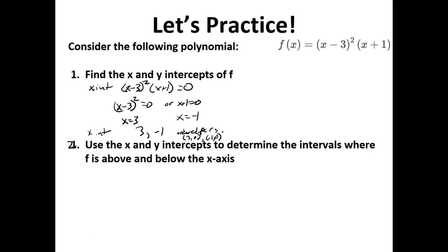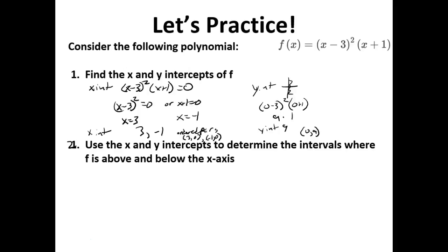The y-intercept is when it is neither left nor right, so we're putting 0 in. So 0 minus 3 squared times 0 plus 1, we're going to get 9 times 1, or 9. The y-intercept is 9. As an ordered pair, that would be 0, 9 for a y-intercept.